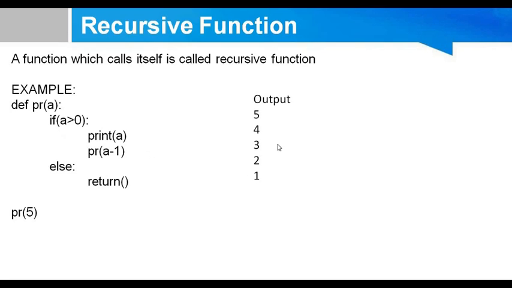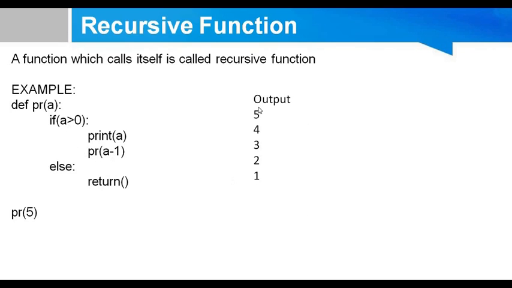I'll make an example where the name of the function is pr and a variable a is passed here. I simply check a condition. If that number passed here is greater than 0, then you print a, then call pr(a minus 1). That means recursion is going on.